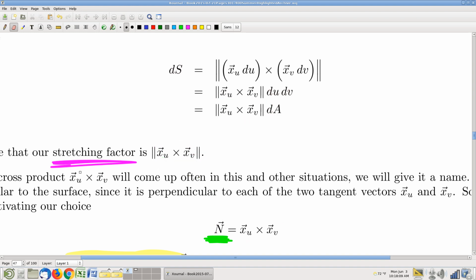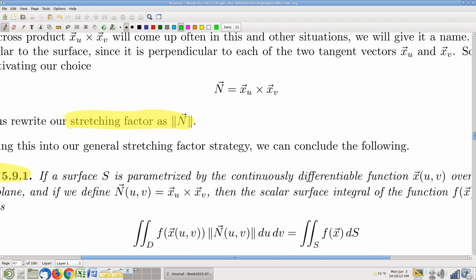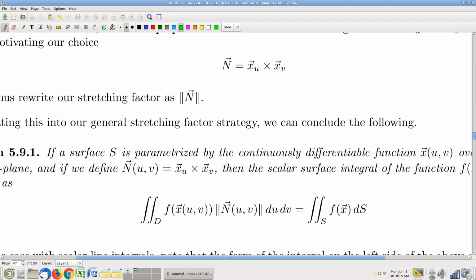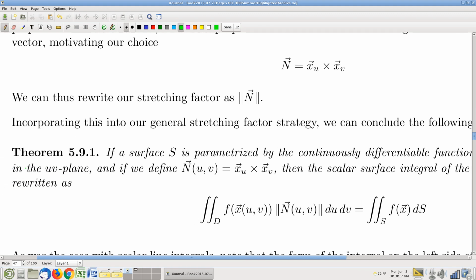All right, so we've got it all pretty much done at this point, and here is our result. If you want to compute a scalar surface integral, if you want to chop it up and add it up on a surface, in other words, if on each little piece of the surface you multiply some integrand appropriate to the application times the size of that little piece of surface, and add up over the entire surface, the usual, then with our stretching factor identified, ds turns into this.